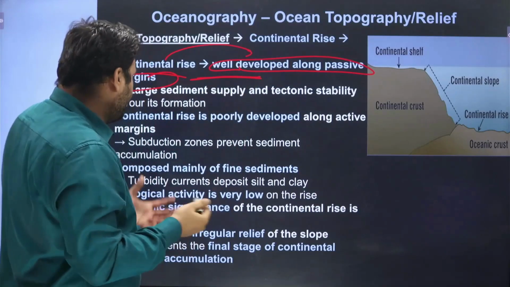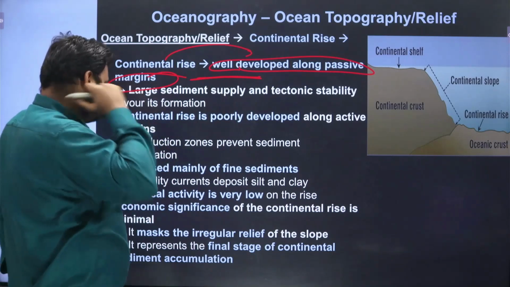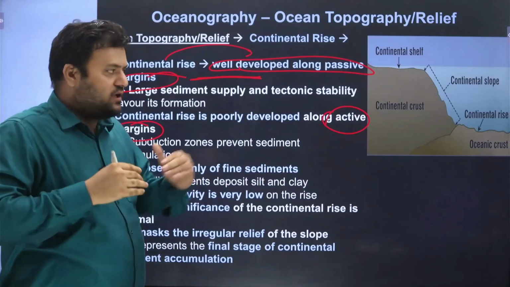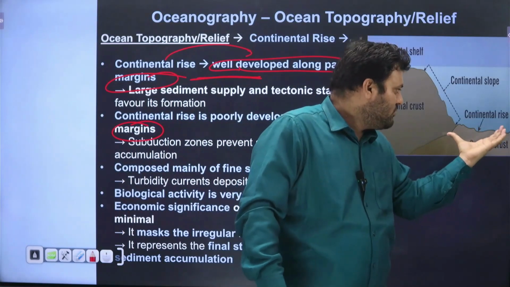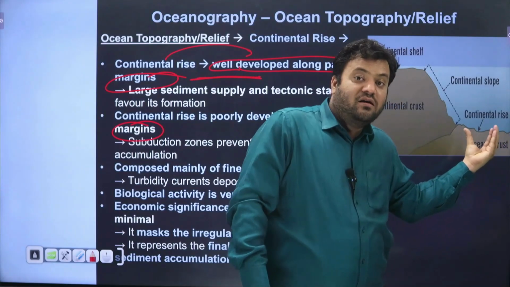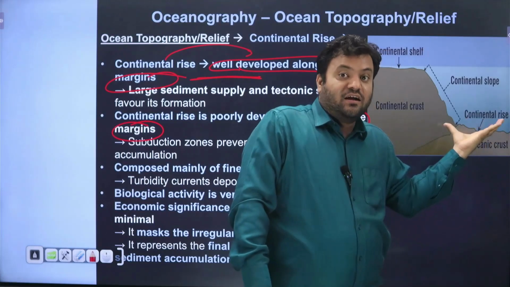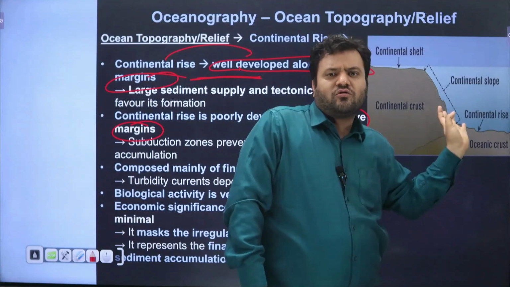Wherever you see poor development, these poor developments will be over the active margins. Wherever you have plate tectonics, suppose we have an interaction of plates, what would happen? This continental rise may get bent, it may get some sort of fractures, it may get some sort of compression, and if there is compression, we may have some sea mounts, for example.